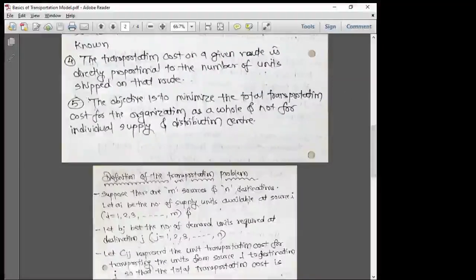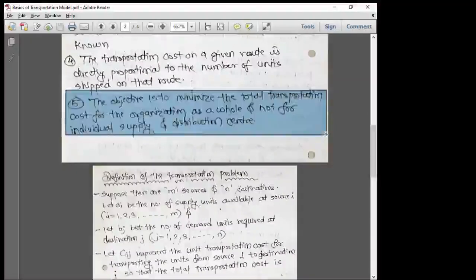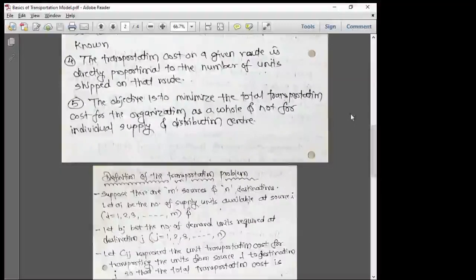The next assumption is the objective of the transportation model itself. The objective is to minimize the total transportation cost for the organization as a whole, and not for the individual supply and distribution centers. So the prime focus is the organization, right? We are going to minimize the total transportation cost for the organization.